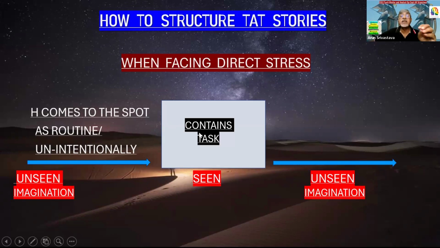Let's say there is a threat, an accident, a fire, etc. So the scene projected on the screen contains the task for the hero. Hero is coming to the spot as a routine, or unintentionally, or just accidentally. Hero manages the task and carries on. So this is the way, friends, we have to structure these stories.